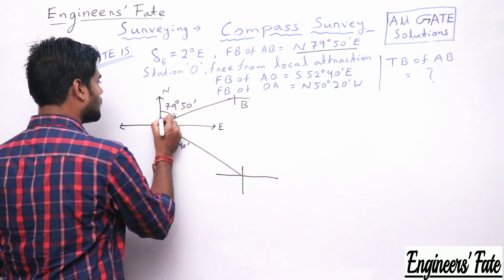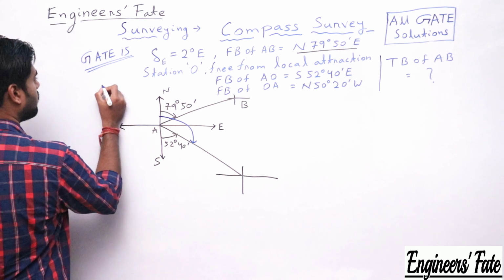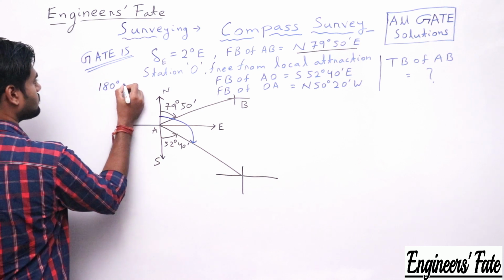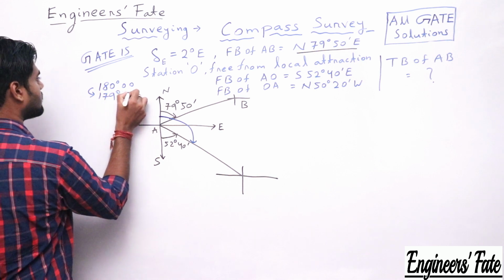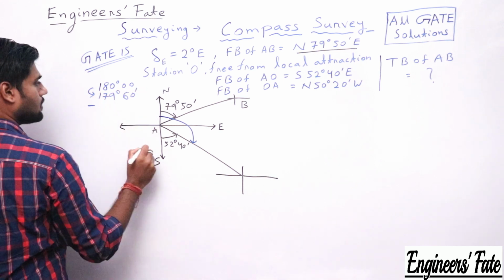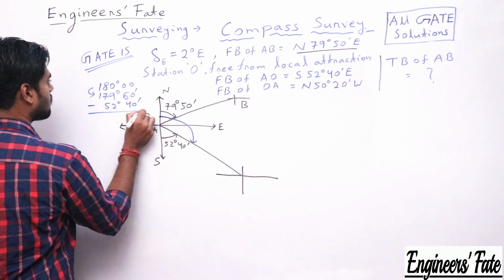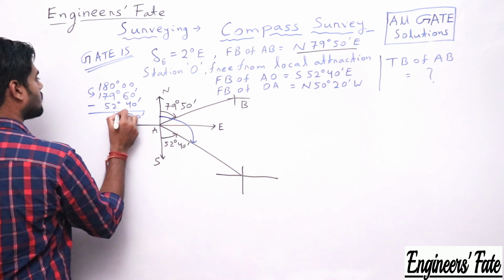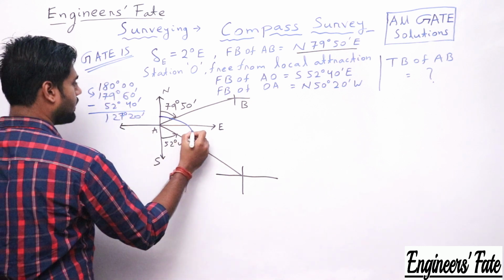The whole circle bearing will be 180 degrees, which I can write as 179 degree 60 minute, minus 52 degree 40 minute. So this will be 127 degree 20 minute.